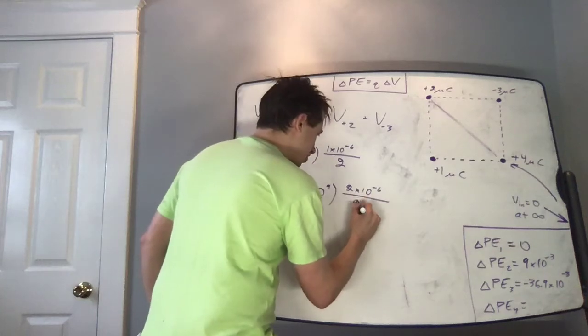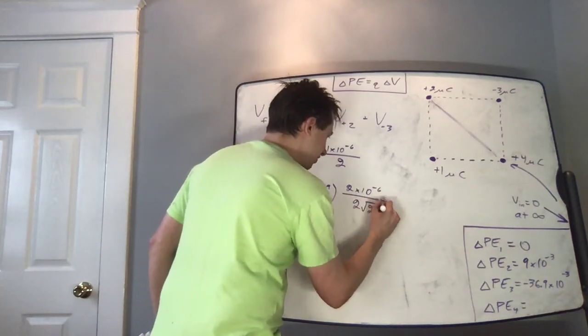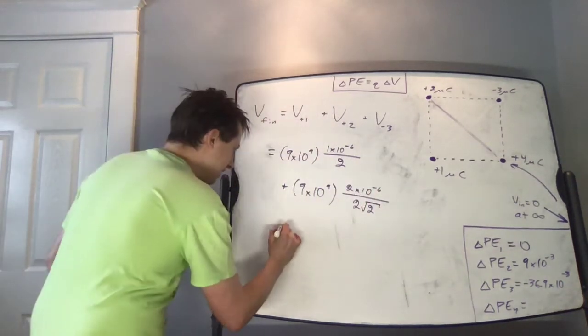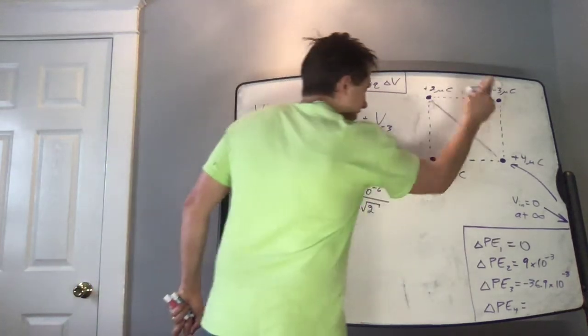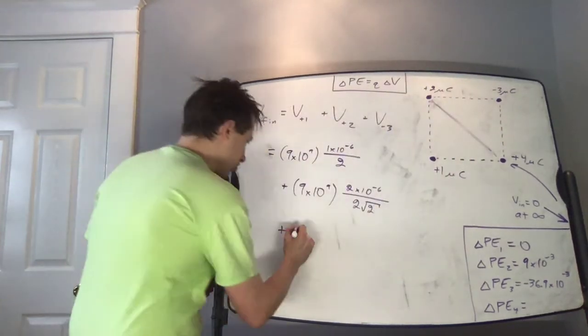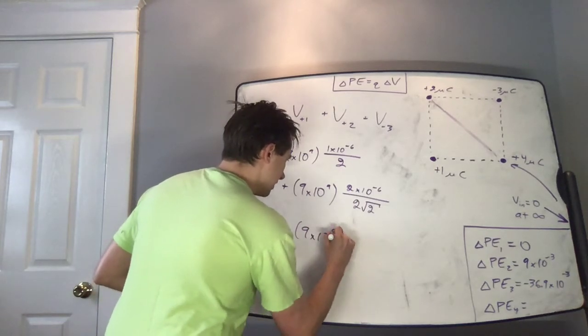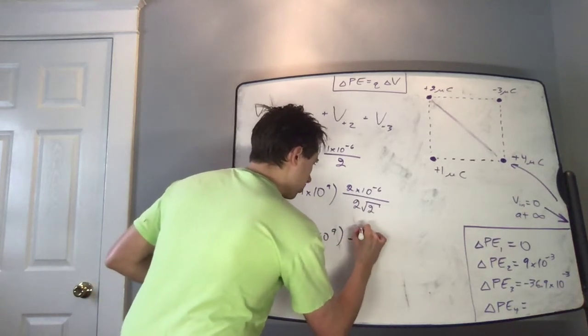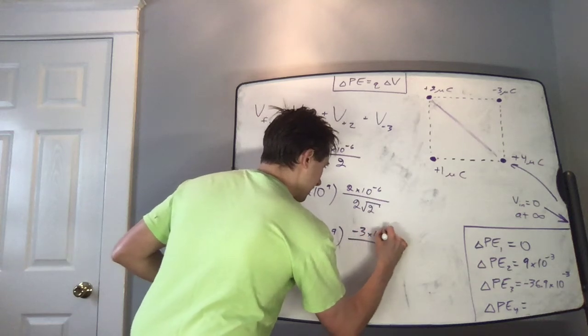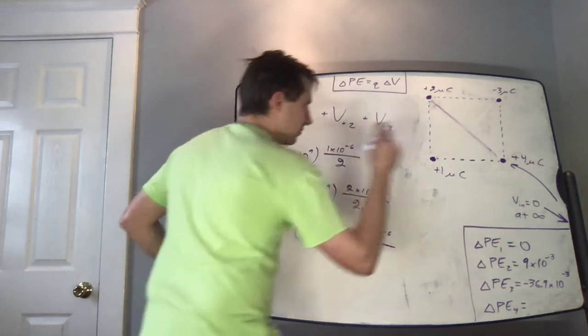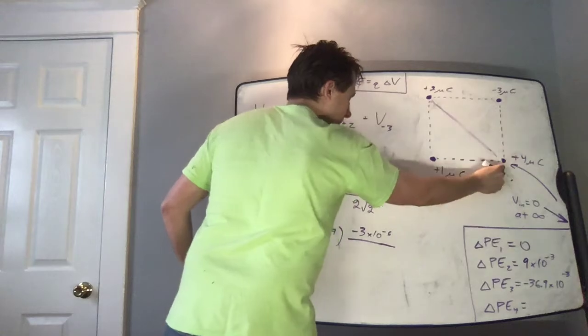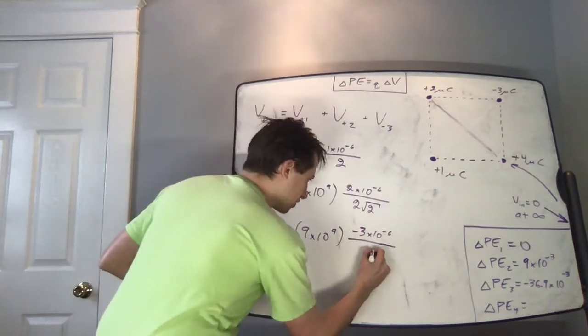So I will have a 2 square root of 2 in the denominator. And then I have the contribution from the minus 3 microcoulomb point charge. So K, 9 times 10 to the 9, times the charge of the particle, negative 3 times 10 to the negative 6, divided by the distance between the upper right and the lower right sides of the square, which is 2 meters.